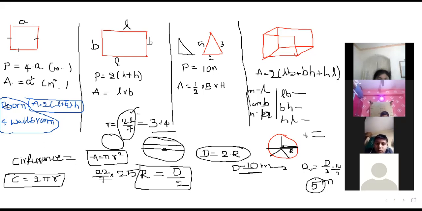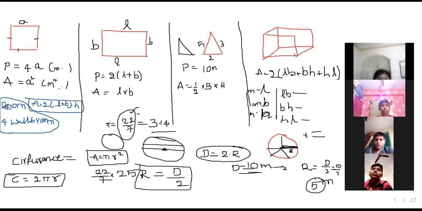Okay, then coming to the next. Next is what? Points M, N, D, E, L. M, D, E, L. Now let's see the distance between M to N is how much? 10 mm. Distance between N to D how much? See here, distance between A to B is how much? 12 mm.